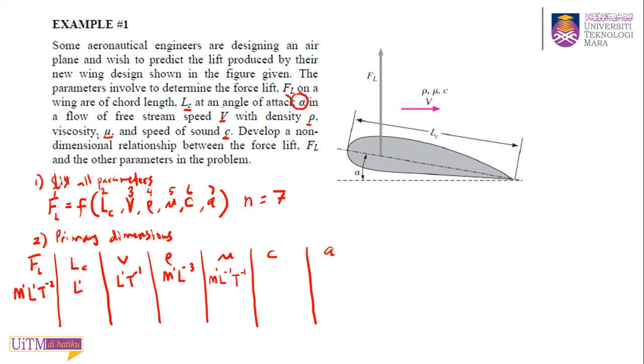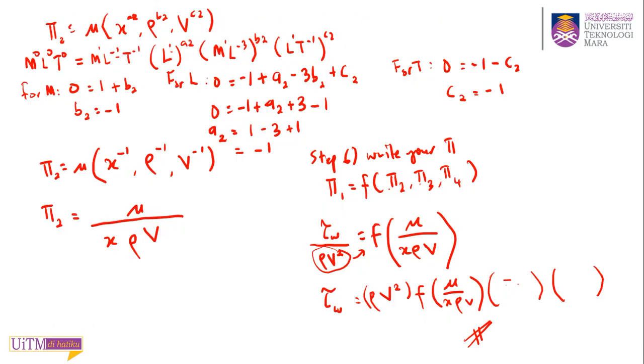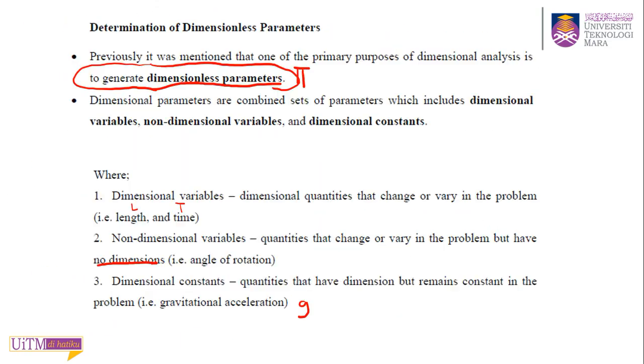Okay, the C, the speed of sound. Speed of sound is also a velocity, the same. So it will be L1 T minus 1. And what is the primary dimension for angle of attack? I don't know, sir. We discussed earlier that it is a non-dimensional variable.